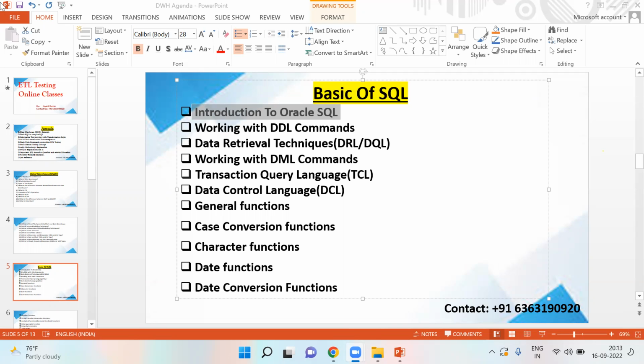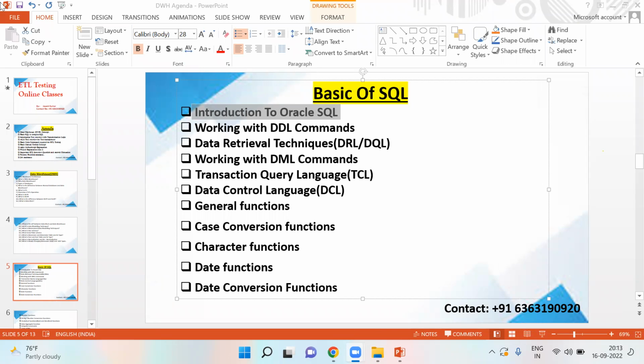Okay. So she was not working anywhere, and she gave her 100% effort, and she was able to crack it. The first time she missed because she did not learn Unix commands and was not able to clear the client round. But on the next chance she cleared the interview.